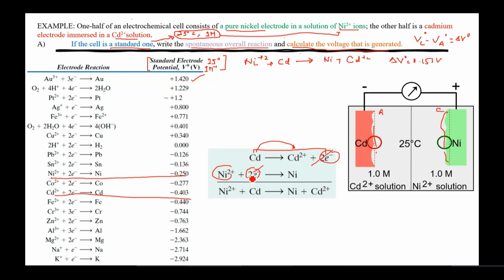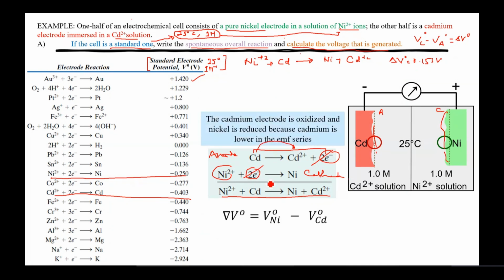Now, if we sum up these 2 electrons, we'll have this equation: cadmium acting as the anode and nickel acting as the cathode. And the standard cell potential equation that we have is V standard of cathode minus V standard of anode. Standard potentials are taken from the electrochemical series.